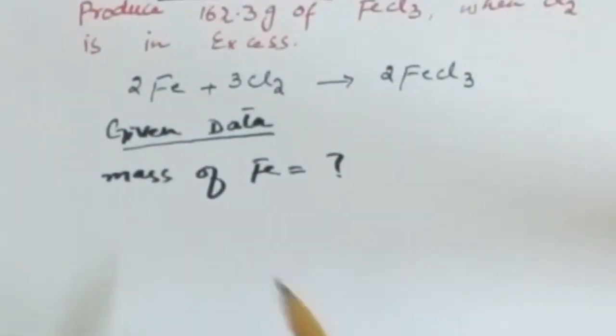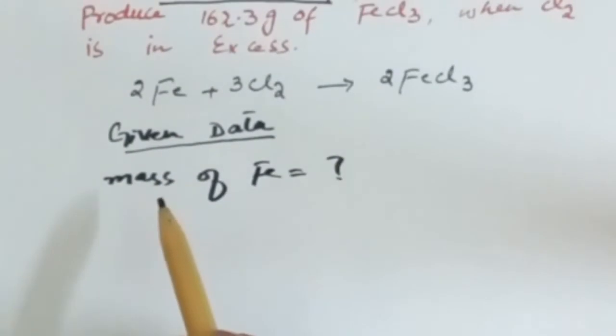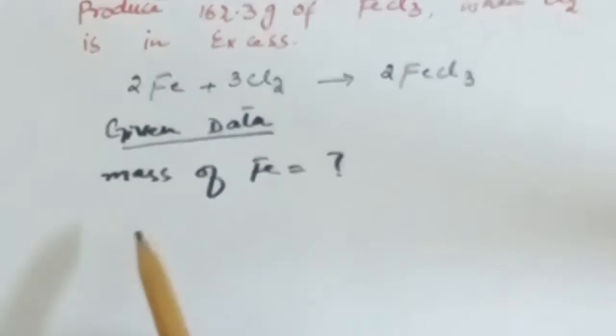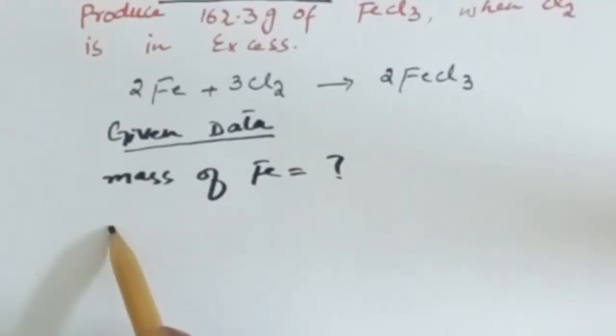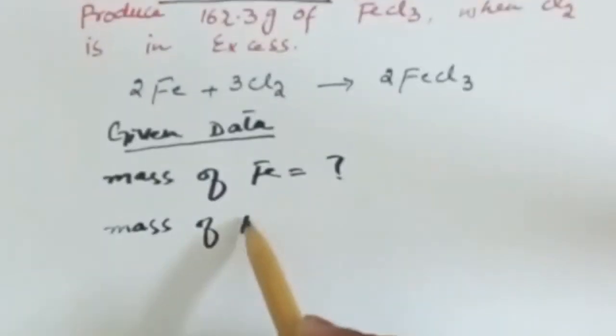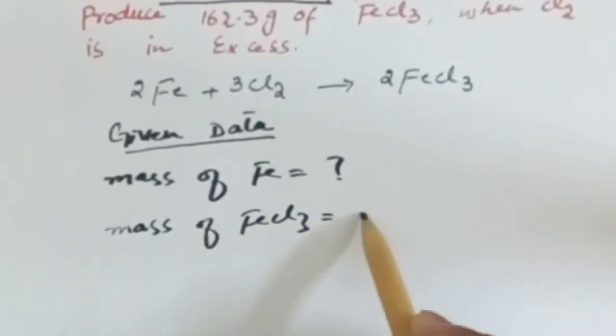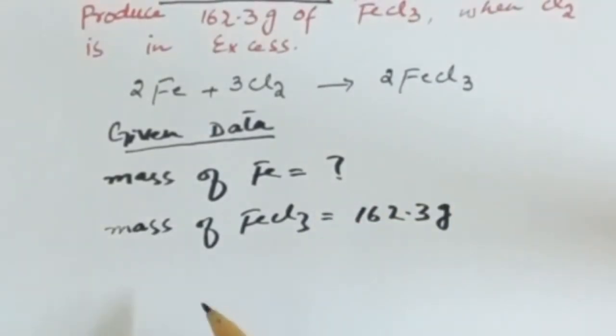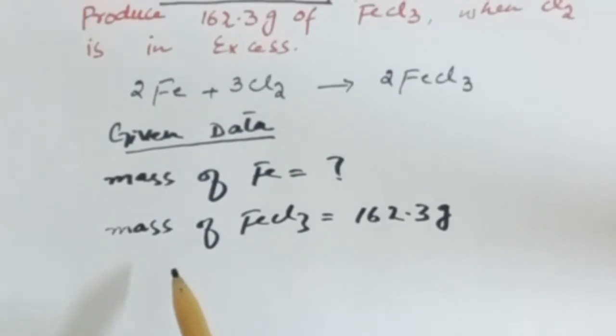Second, to produce 162.3 grams of FeCl3 means the mass of FeCl3 is provided, which is 162.3 grams. Next, chlorine is present in excess, so you have to mention that chlorine is in excess.